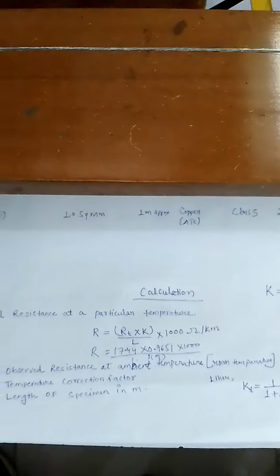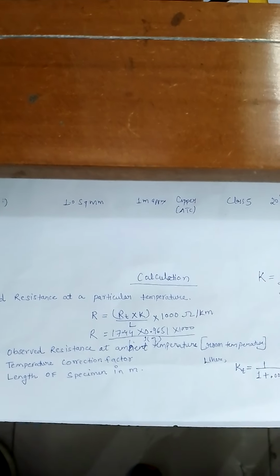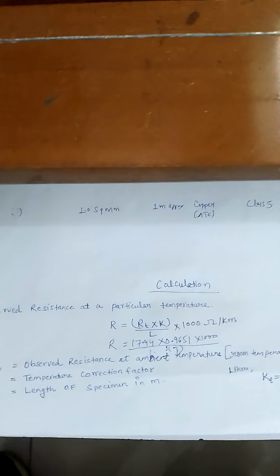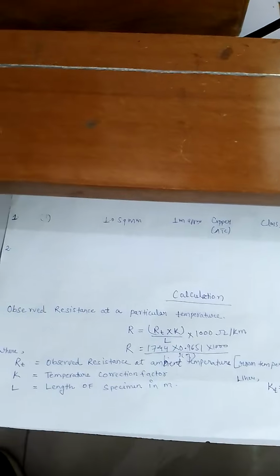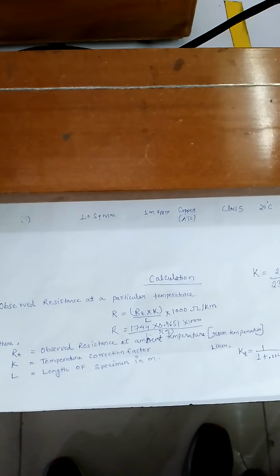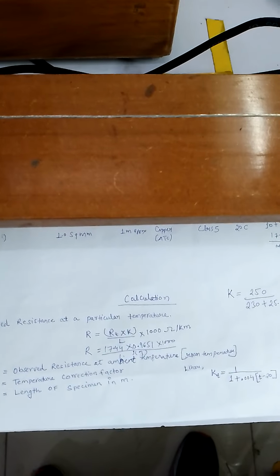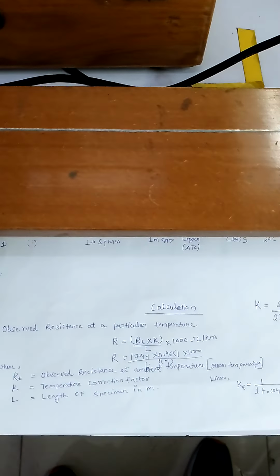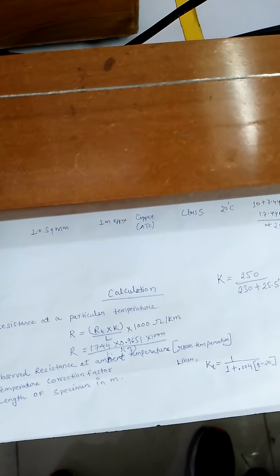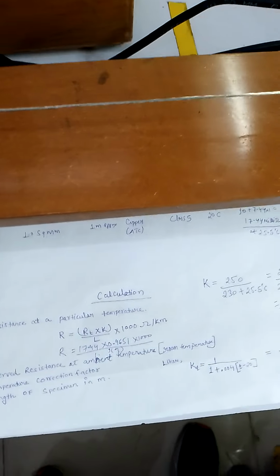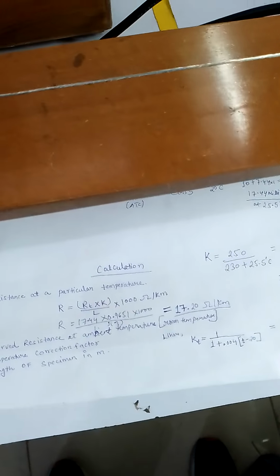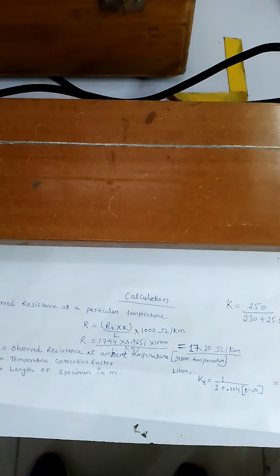Now in the calculation we multiply by 1000 to calculate the resistance in kilometers. Finally the resistance of the conductor is 17.2 ohm per kilometer at 20 degrees Celsius according to the BIS standard.